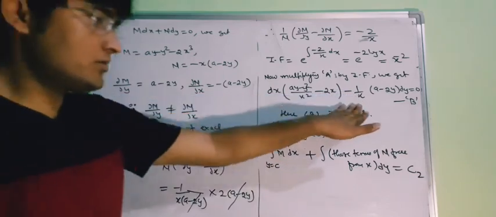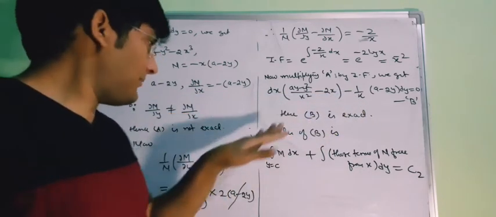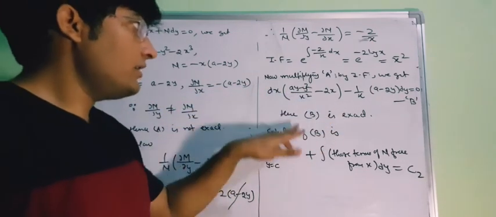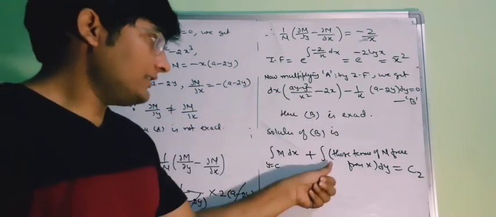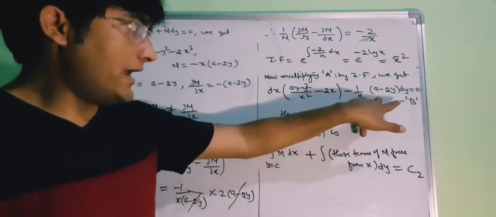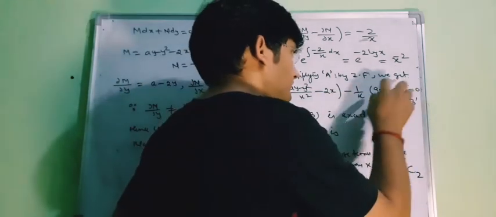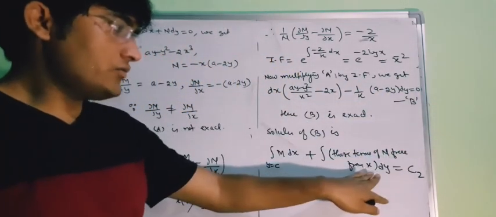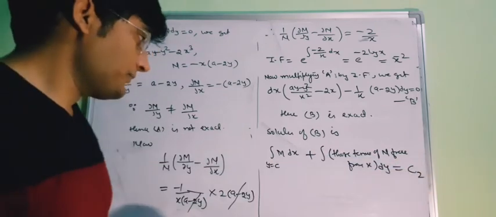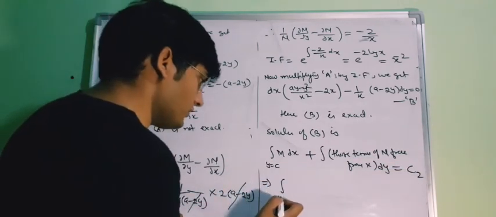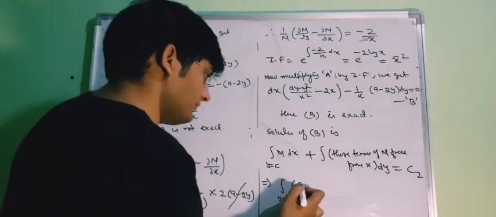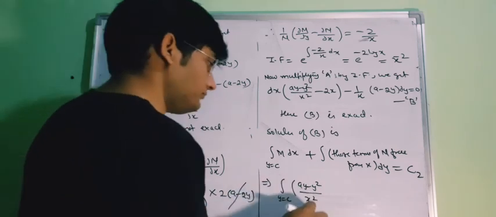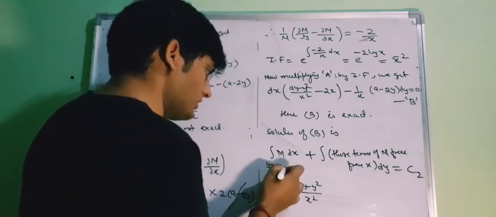Here M is this term, and we integrate it with respect to x taking y as constant. Here your N is minus 1 upon x into (a minus 2y), and we take those terms of N which are free from x and integrate with respect to y, equal to c.